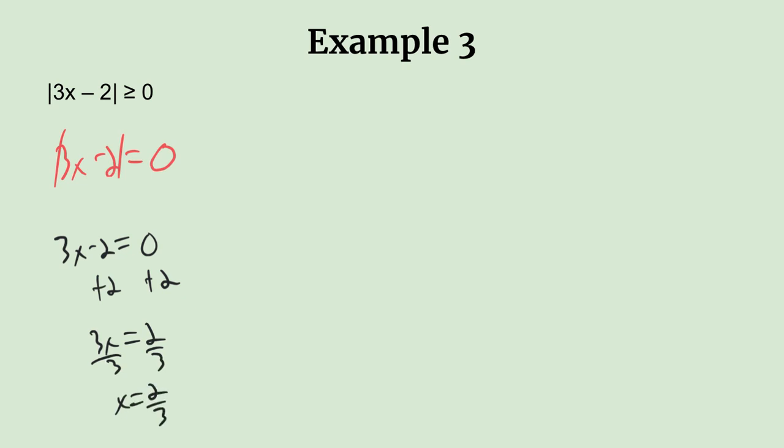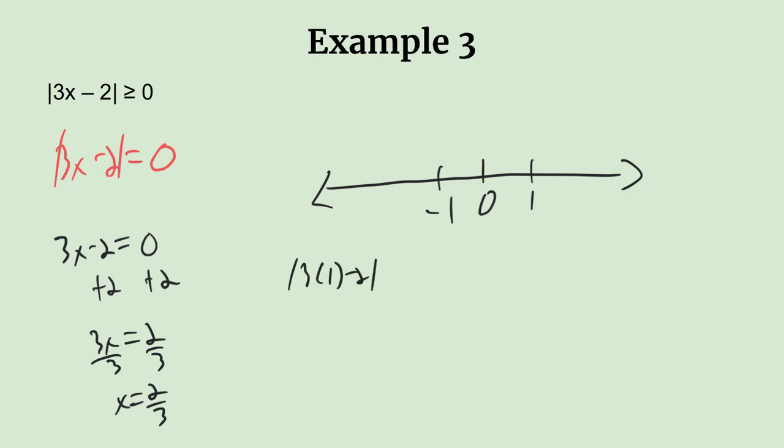So this one's a little funky because you can't really do plus or minus 0. So you just get 1 point at 0. So you want to check both sides here. If you plug 1 in, you get 1 is greater than or equal to 0.